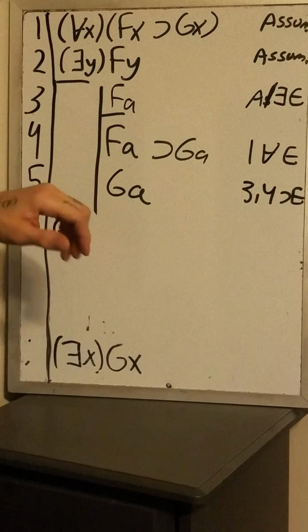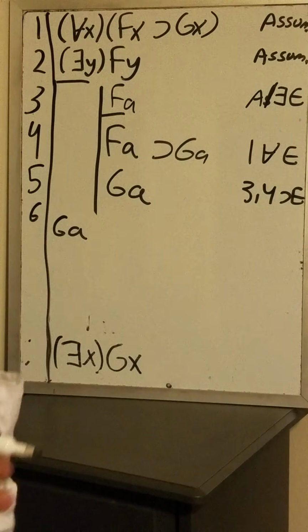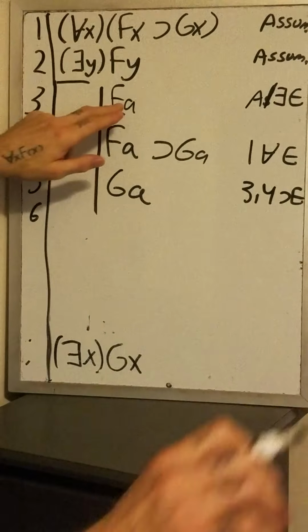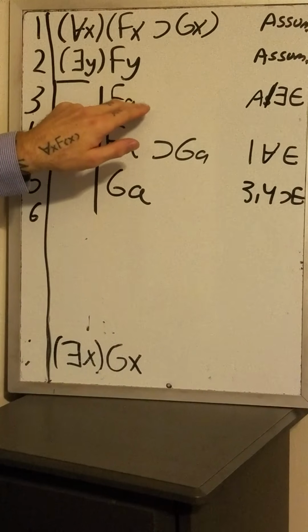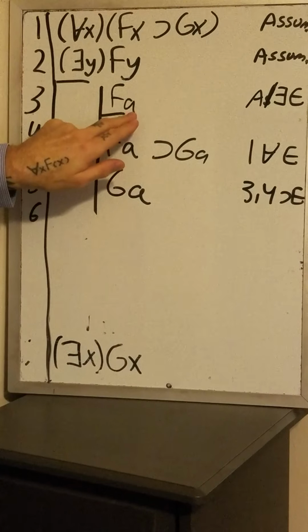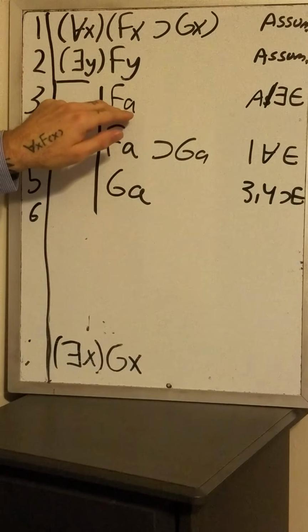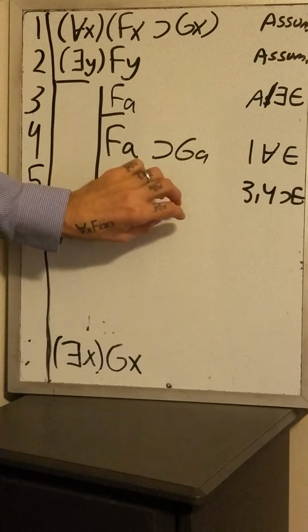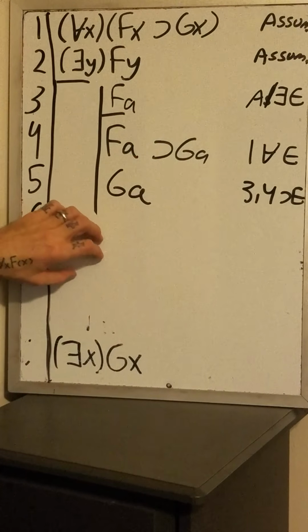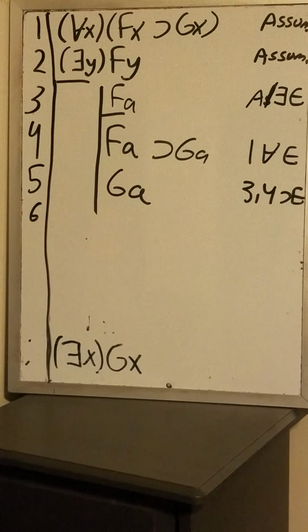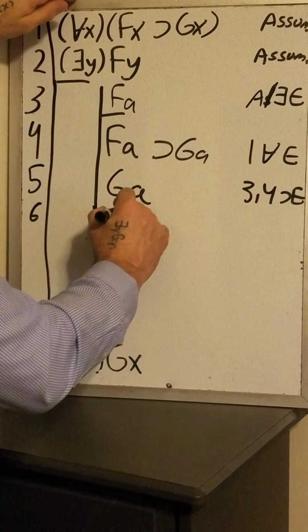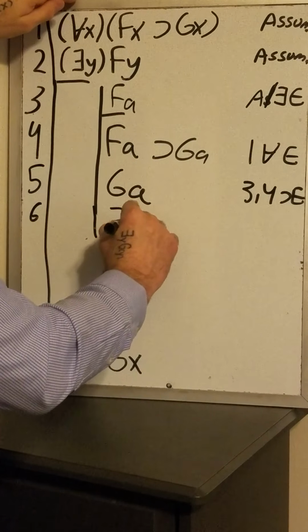There's a restriction that prohibits that, and there's a good reason for it: you're just giving a name to something here. We know this thing exists, and we know something is F, and we're just giving it a name to keep track of it in the subderivation. So it wouldn't make any sense to take that out of here.